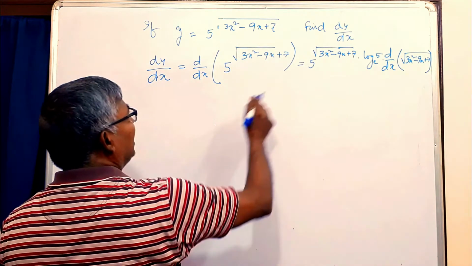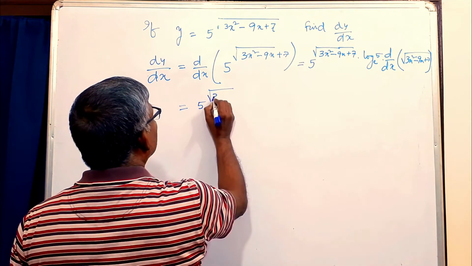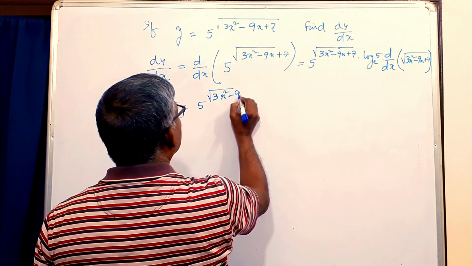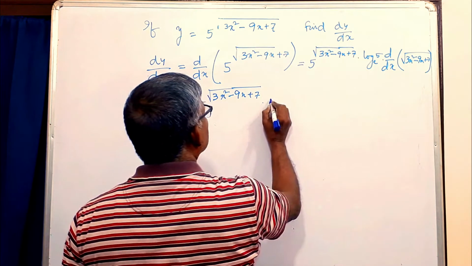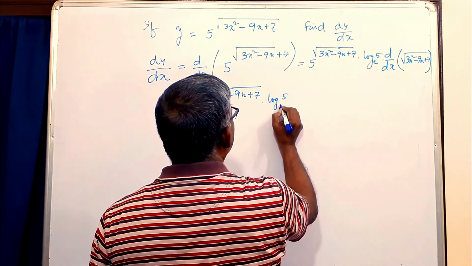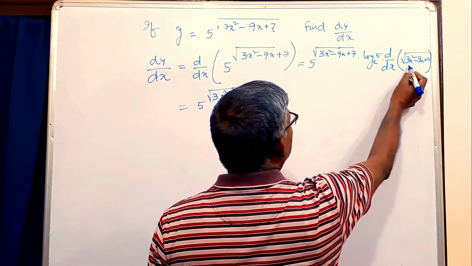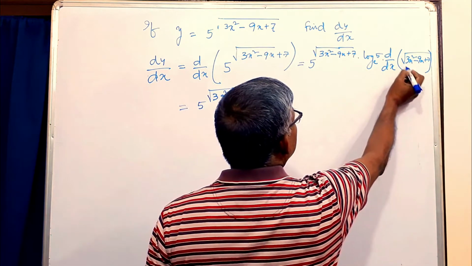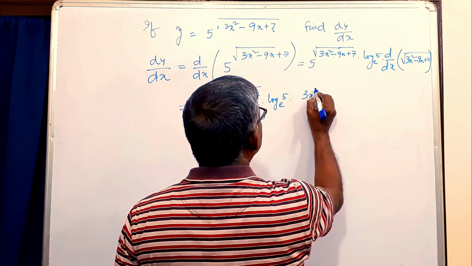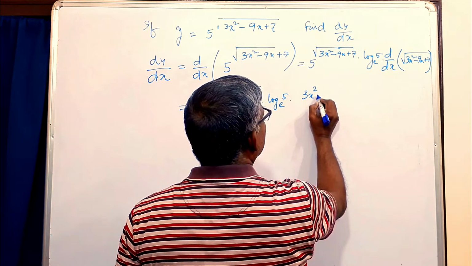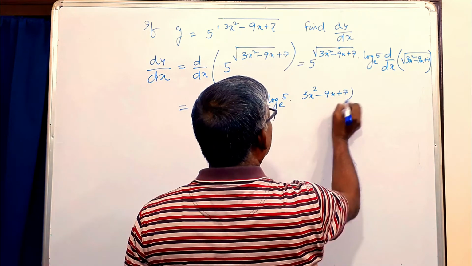So from that relation you can write 5 to the power root over 3x square minus 9x plus 7 into log 5 base e into, here you see what is the value of this. It will be, here is a square root, so it will be 3x square minus 9x plus 7.